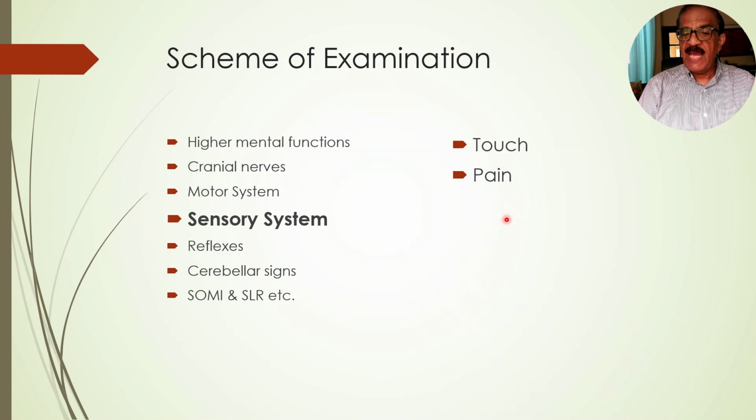And then pain, usually we test it with pinprick, but we could also use pressure to assess deep pain. Then temperature, we may have test tubes with various temperatures, not too cold or too hot. Cold should be like 1 to 10 degrees, and hot may be 40 degrees Celsius. A patient should be asked to feel the temperature on all parts of the body.